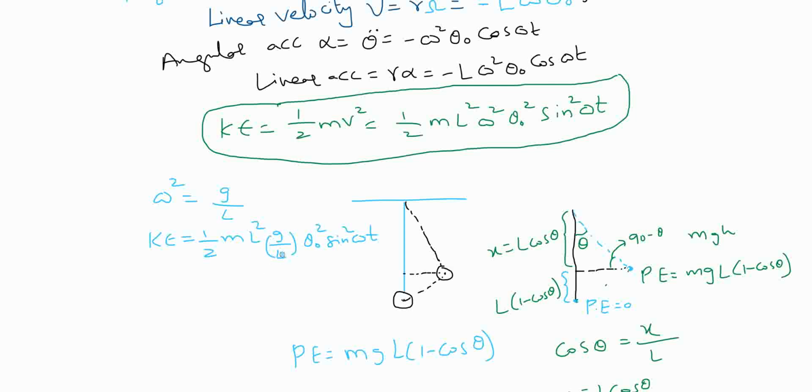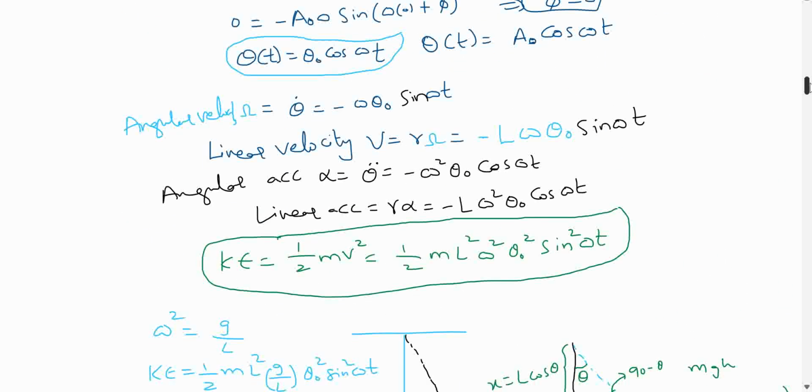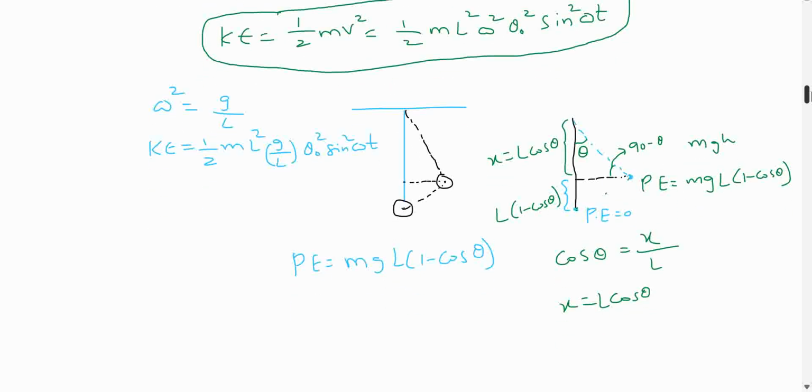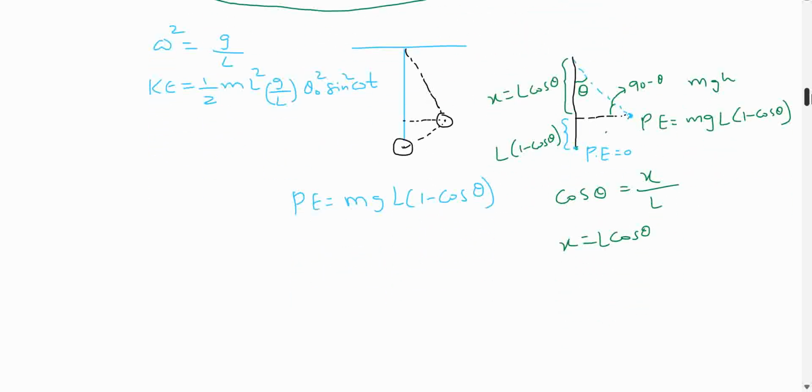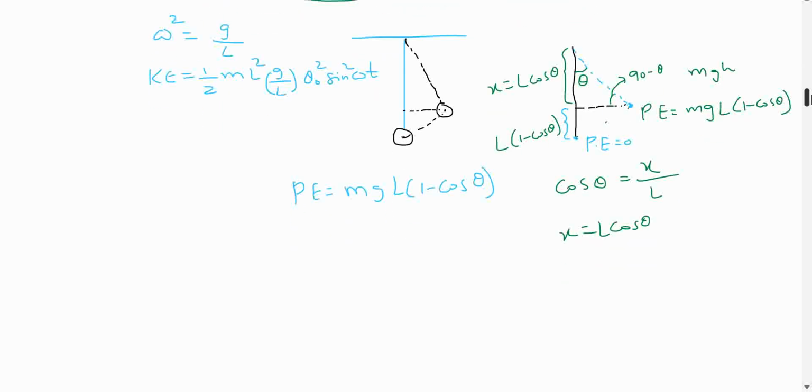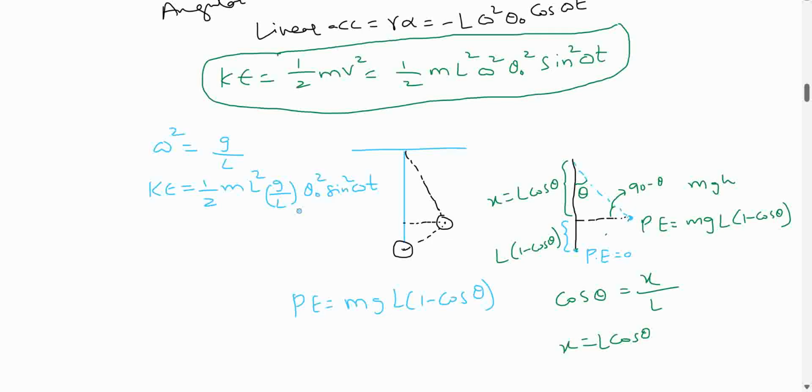Now we can cancel this L and this L. So this is the expression for kinetic energy, mgL theta naught square sine square omega t.